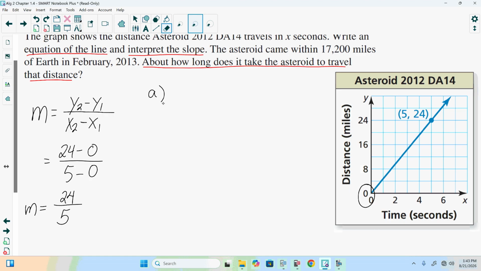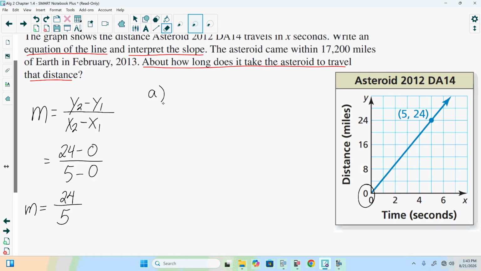We also needed to interpret the slope. Now, interpreting the slope or interpreting anything, especially with equation of lines or the different things we're doing here, is really just saying, turn the slope into words. What is it telling us in words? So 24 fifths, 24 over 5. 24 is our y, our change in y. 5 is our change in x. And according to the chart, x is time in seconds.